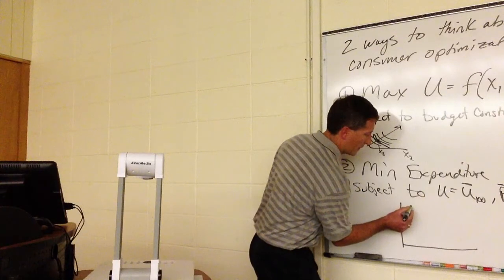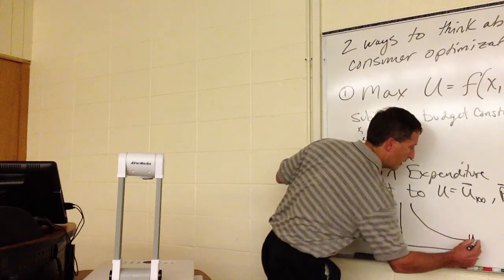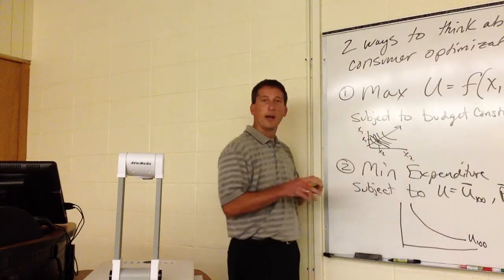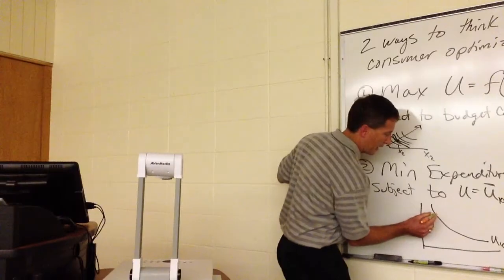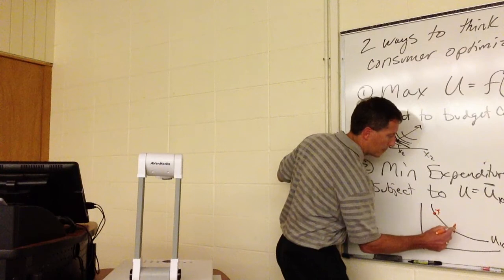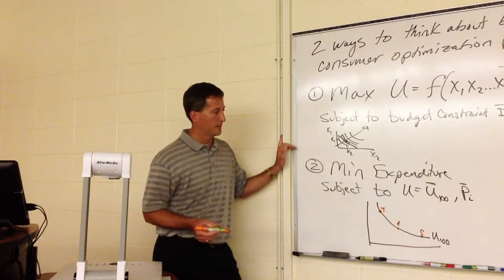But now I've got an indifference curve that looks like this, of the utility equal to 100, and I could be at any point along the indifference curve, A, B, C, or any other of the infinite number of points.